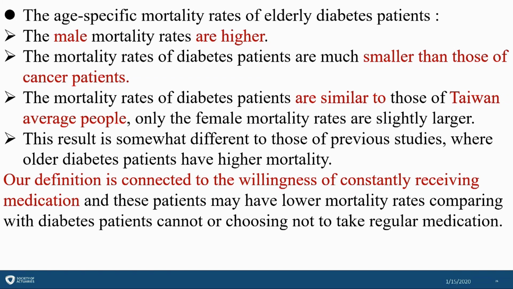This result is somewhat different from a previous study, where older diabetes patients had higher mortality. It's because our definition is connected to the willingness to constantly receive medicine, and these patients may have lower mortality rates compared with diabetes patients who cannot or choose not to take regular medication.